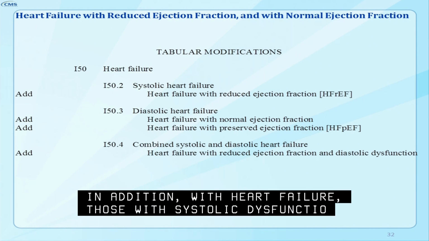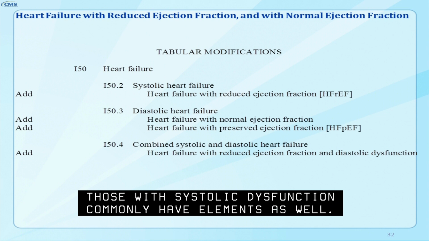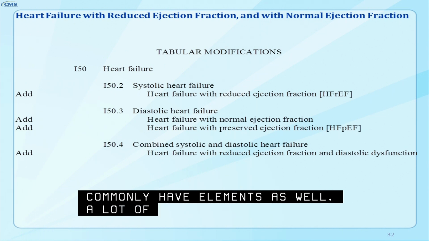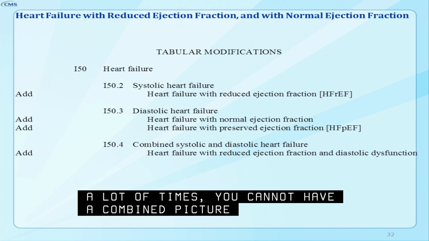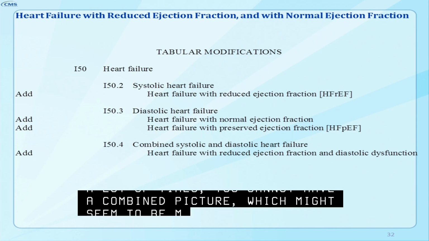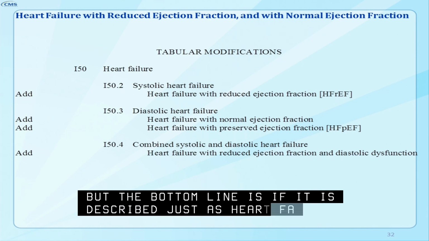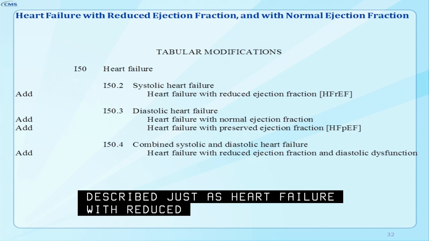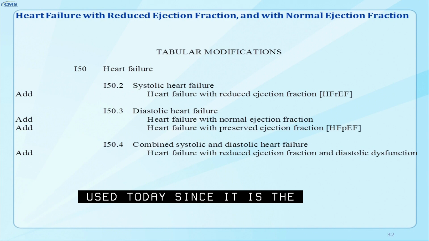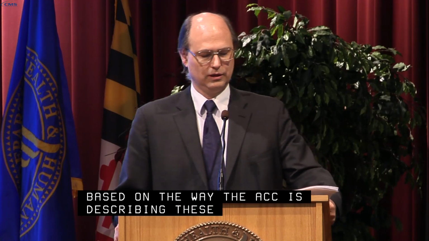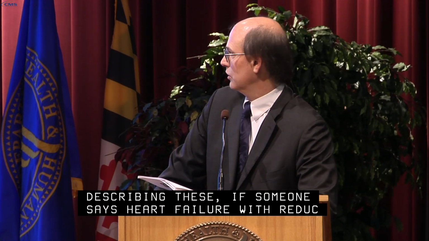So a lot of times you can have a combined picture, which might seem to be muddying the waters, but the bottom line is that if it's described just as heart failure with reduced ejection fraction, which presumably will be commonly used today since it is the language that ACC is now recommending, based on the way that ACC is describing these as synonymous, if someone says heart failure with reduced ejection fraction, it should be reasonable to use the appropriate code for systolic heart failure.